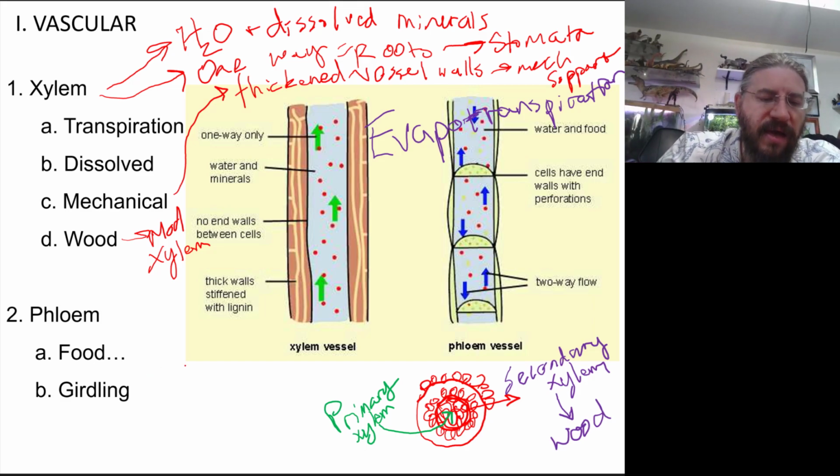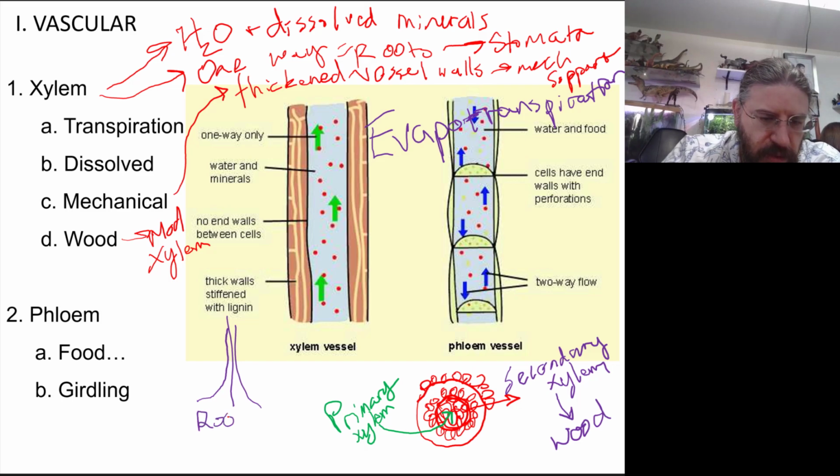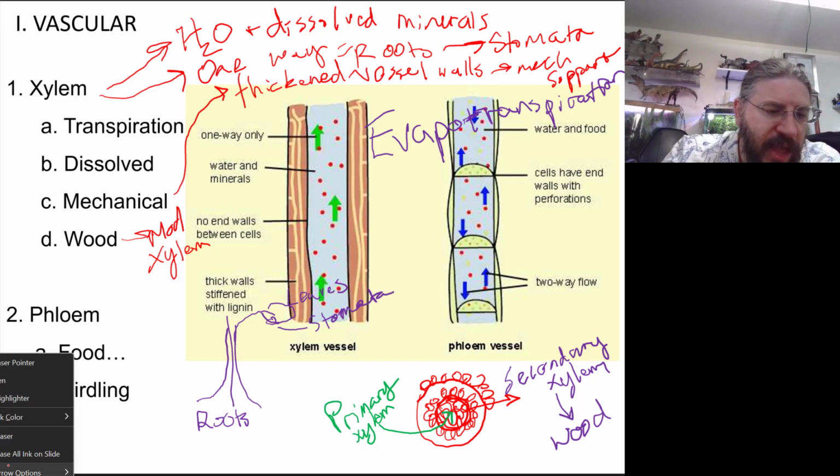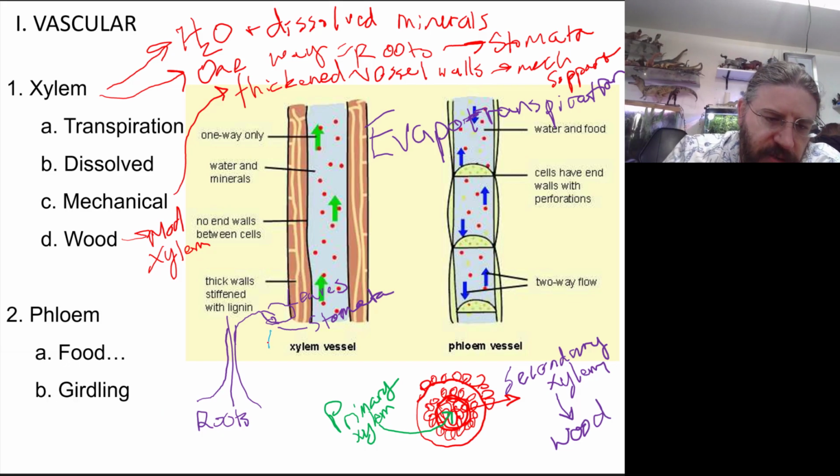Because we have our roots, and it goes all the way out to the leaves, and then the stomata, and then, as I said, we have evaporation.